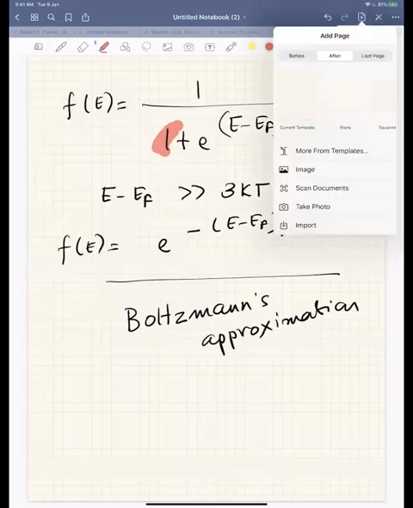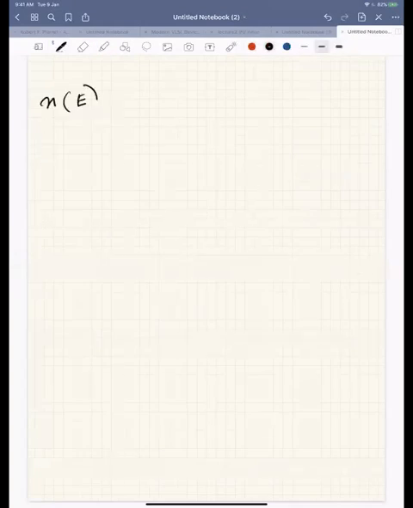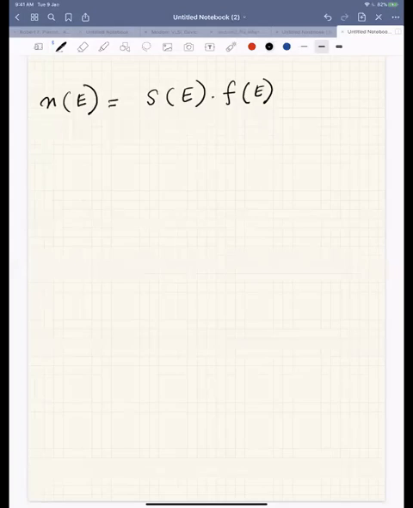Okay, so now we know the density of states, and we know the probability function. So if I want to find the number of electrons in E, then I have to multiply the density of states, SC.